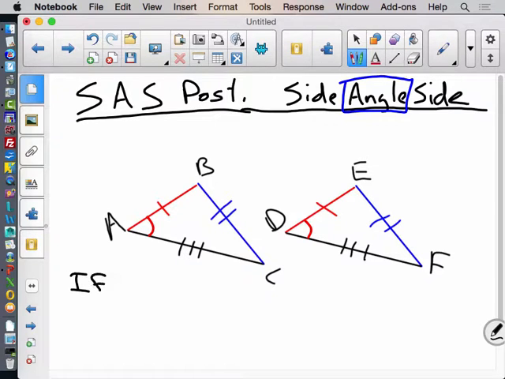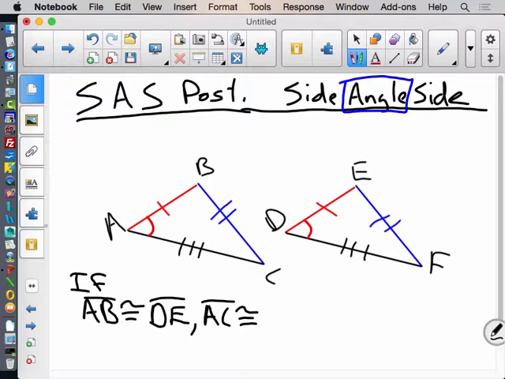If line segment AB is congruent to DE and AC is congruent to DF, then, oh wait, we got one more. Now what angle is trapped between those? Okay? What angle is trapped between those? A and D.